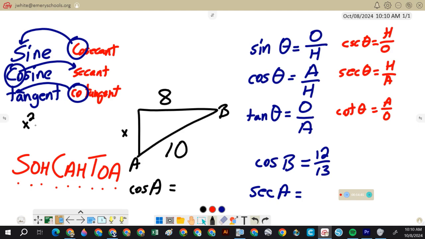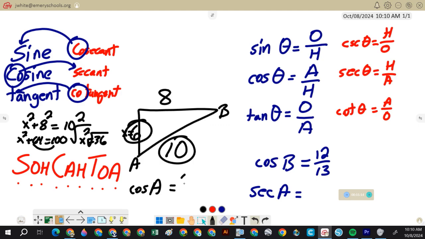So x squared plus 8 squared equals 10 squared. So x squared plus 64 equals 100. Subtract 64, and I get x squared equals 36. So x is, take the square root, x is 6. So the cosine of A is going to be 6 over 10, which simplifies to be 3/5.